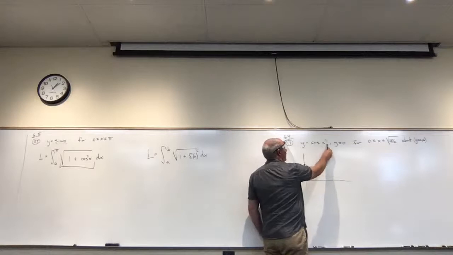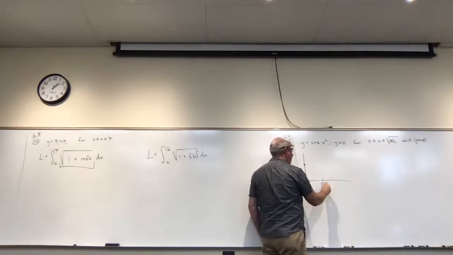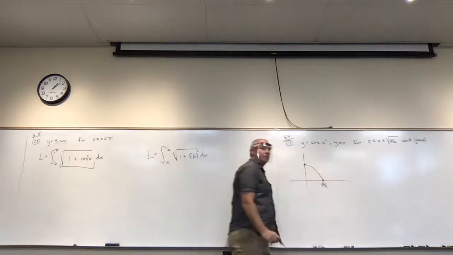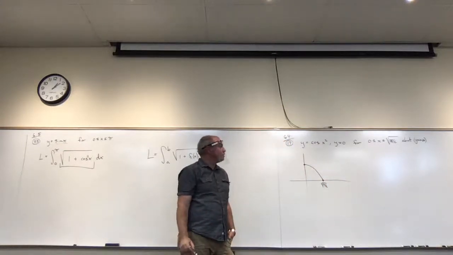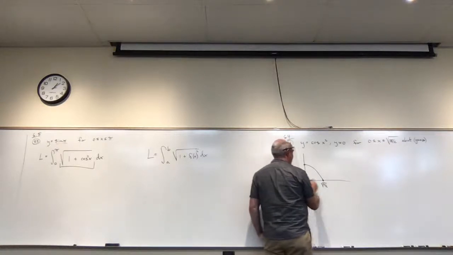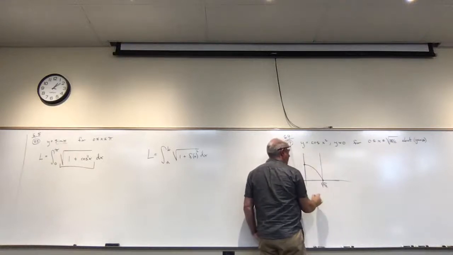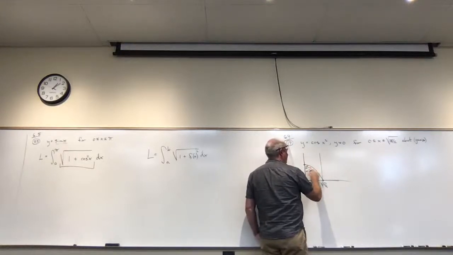You'd have to square something and get pi over 2, so the square root of pi over 2 is perfect. And y equals 0 is the x-axis. We say between x equals 0 and x equals square root of pi over 2, so we're talking about this region.